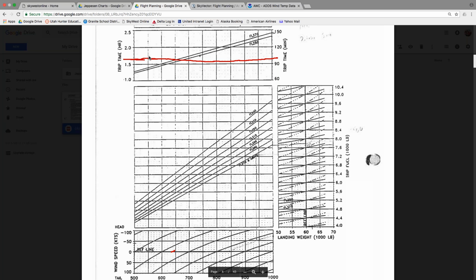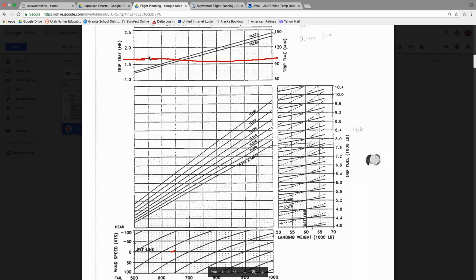So let's say this is just at 33,000 feet. Since we're getting better performance and a very minor headwind, our performance, when we calculate for our altitude and for our wind speed, because we're flying at a higher level, I'm guessing that's why we're getting 5,200 pounds.